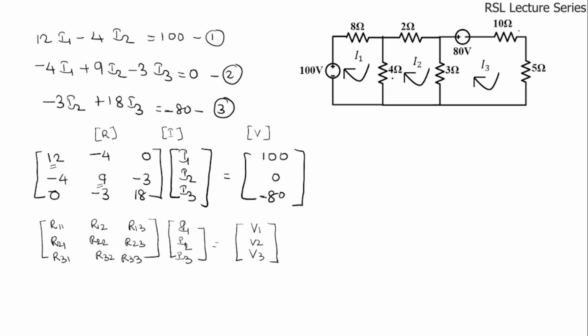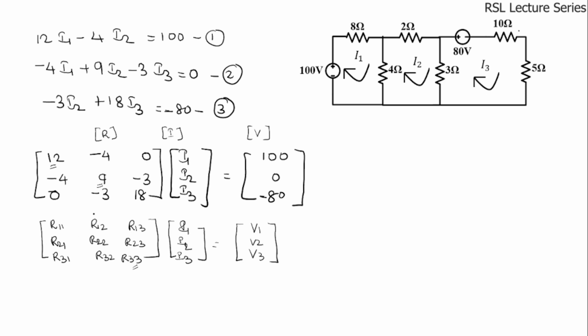In mesh 2 we have 4 ohms, 2 ohms and 3 ohms, so 4 plus 2 plus 3 is 9. Next, R33 is the sum of the resistors in mesh 3. In mesh 3 we have 3 ohms, 10 ohms and 5 ohms, so 3 plus 10 plus 5 is 18.